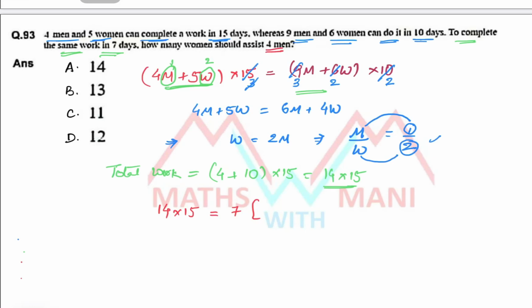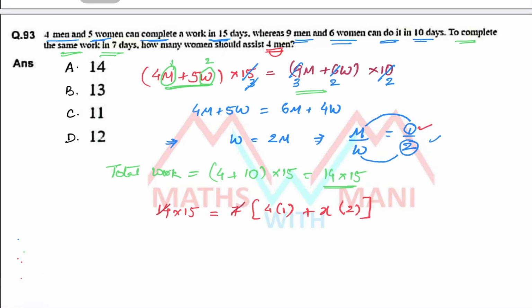What about the efficiency of each man? 1. So for 4 men, the total efficiency is 4 into 1 plus, you have to find the number of women. Suppose we assist x number of women, and each woman has efficiency 2.